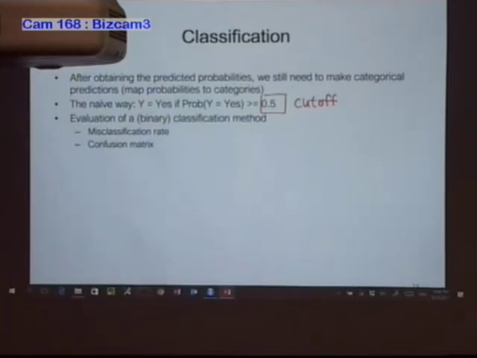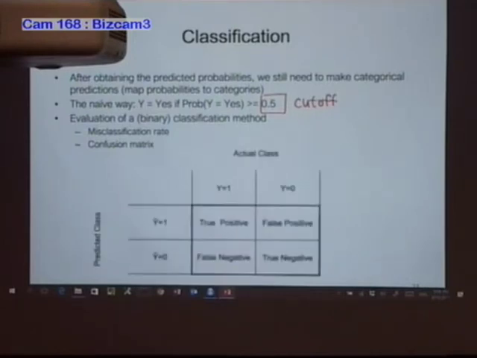Having a 5% misclassification rate doesn't say too much because there are two types of error you can make. In statistics, we call them type 1 error and type 2 error. This is a good guy, you say he's bad. This is a bad guy, you say he's good. The two types of error are not symmetric, keep that in mind. Therefore, to have a complete picture, we should have a confusion matrix.